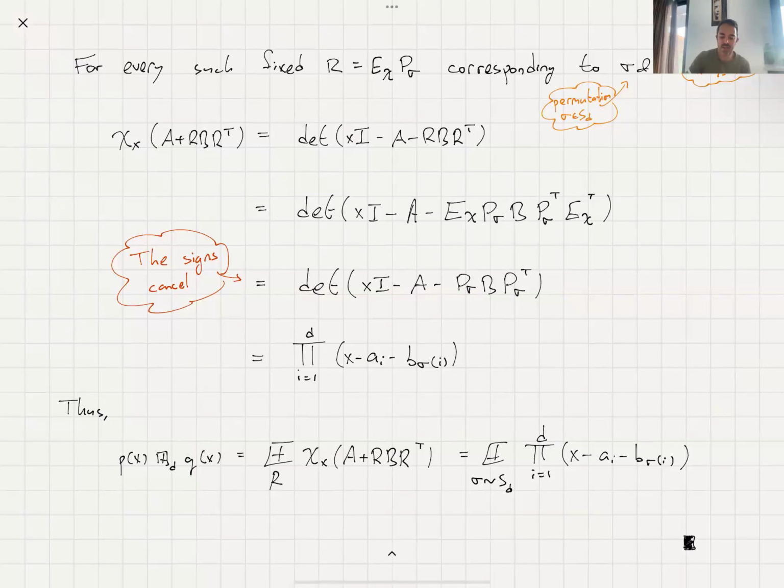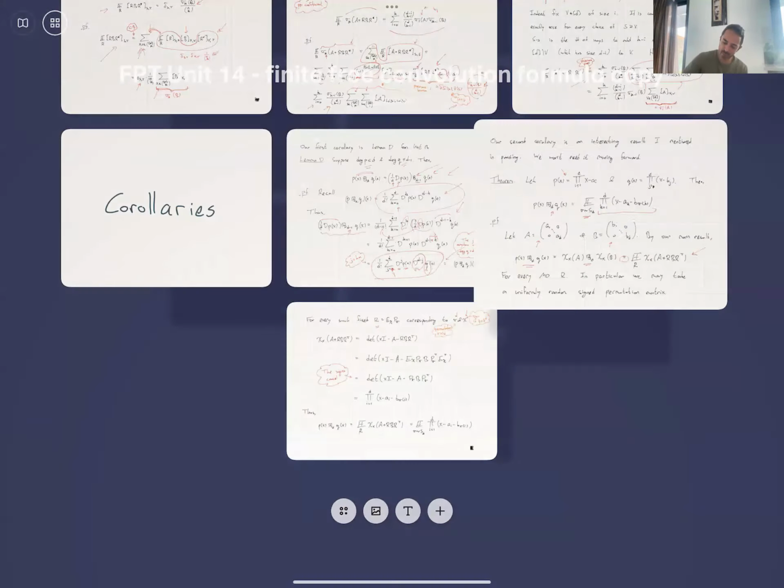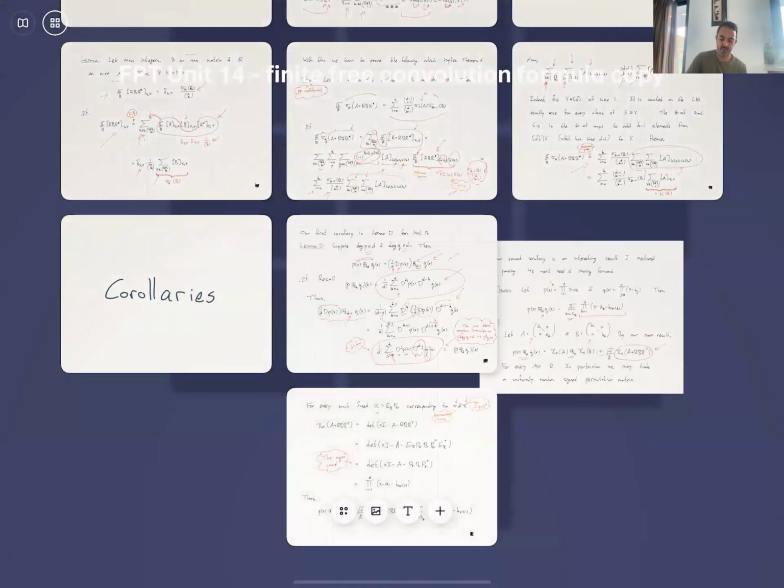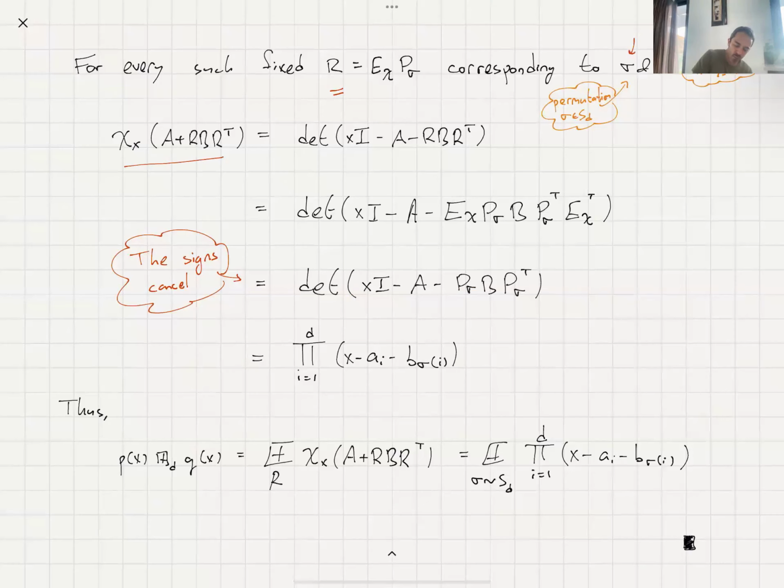Okay, so what is a sign permutation matrix? R is E_chi times P_sigma. It was P_pi from before, but P_sigma here, where sigma is a random permutation and chi is a random signing, and they are independent. Then let's look at a particular element here, before taking the expectation. So what is this?